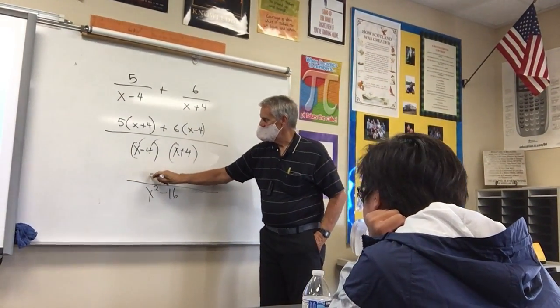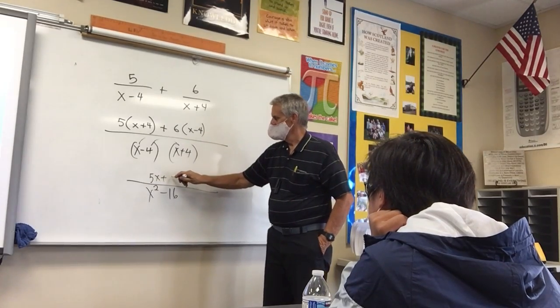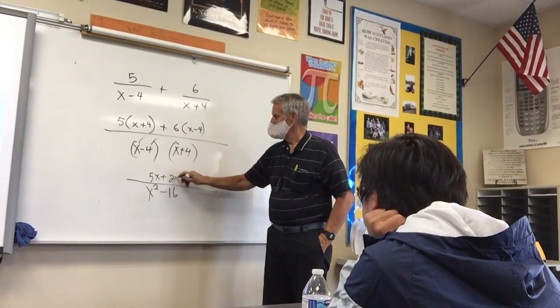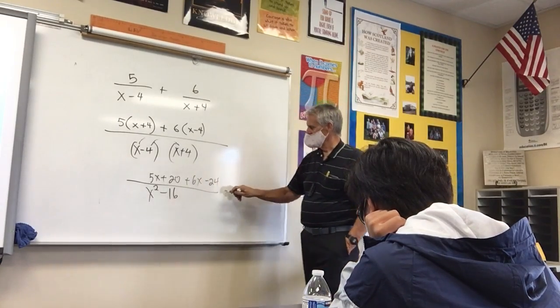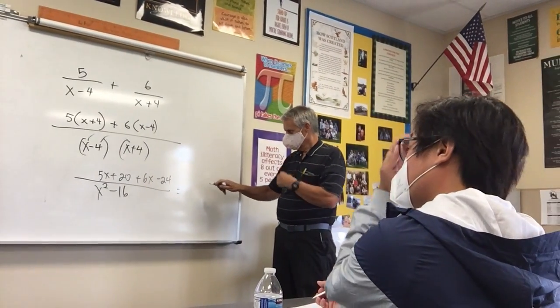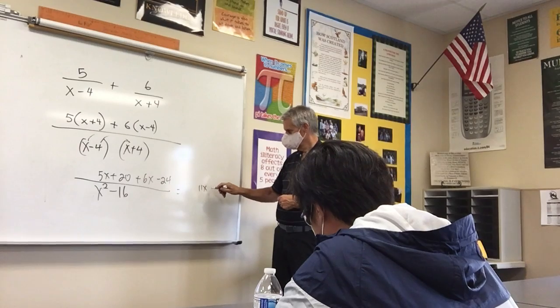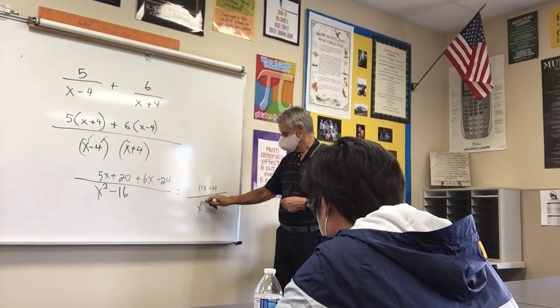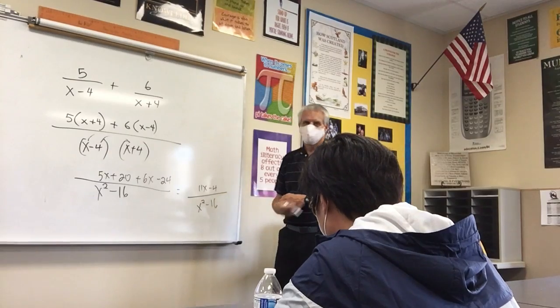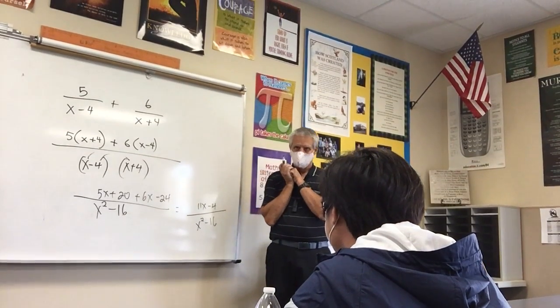One step at a time: 5x plus 20 plus 6x minus 24, add like terms, 11x minus 4 over x squared minus 16. Now, you know how to do that.